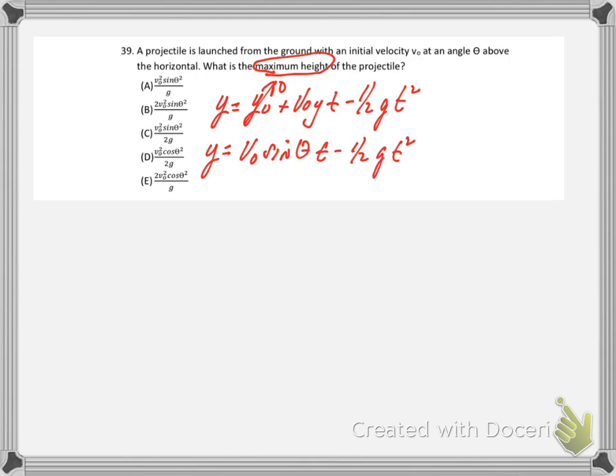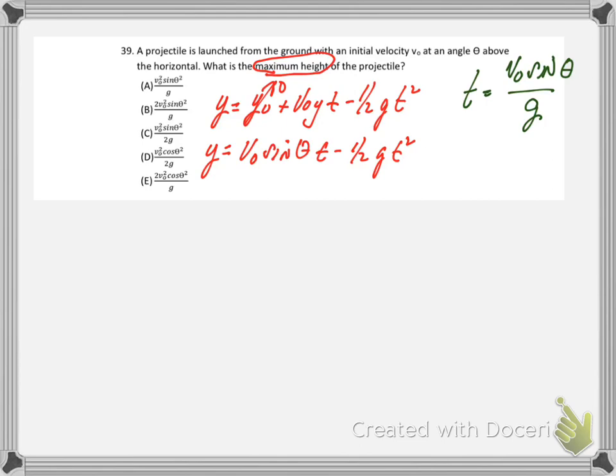Now, to get our time, we could go back to multiple choice number 38, the time to the maximum height, which we came up with: t equals v naught sine theta over g.